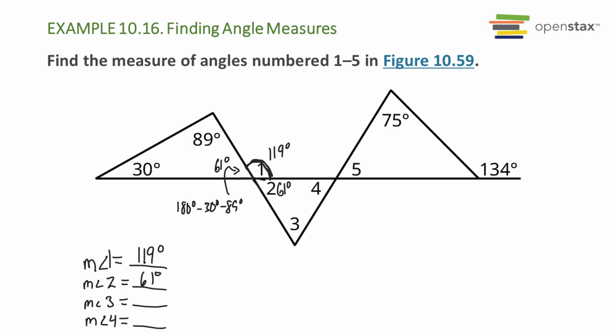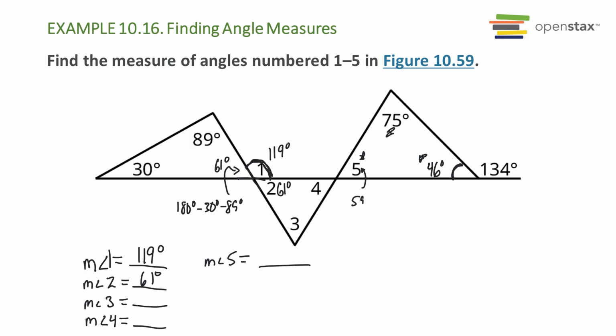So let's jump over here and we can find angle 5. Because this angle in this triangle next to 134 degrees is going to be supplementary with 134 degrees. So we're going to do 180 minus 134. That's going to be 46 degrees. And again, these 3 angles add up to 180 because they're in a triangle. So the measure of angle 5 is going to be 180 minus 46 minus 75.